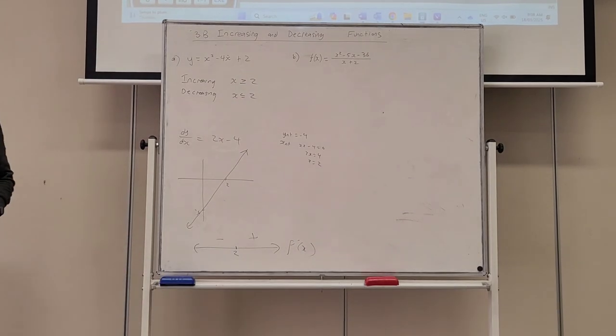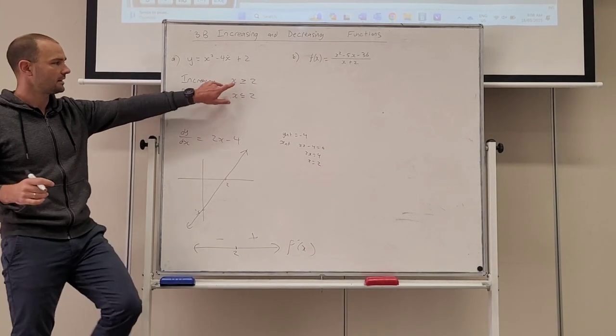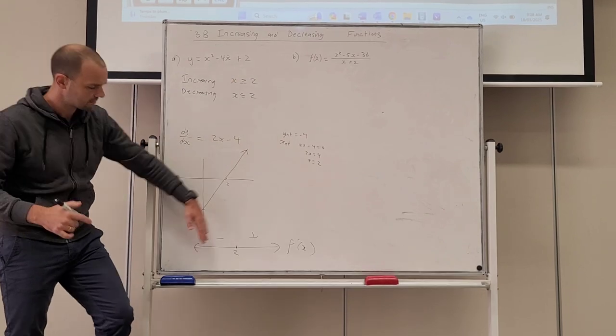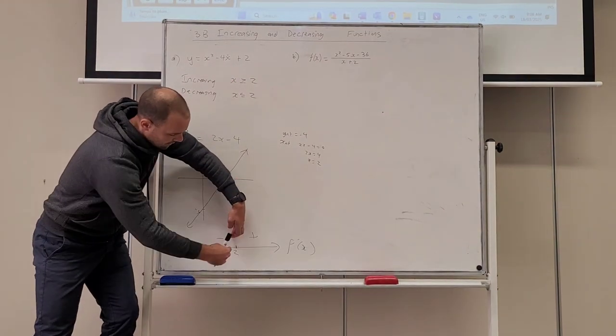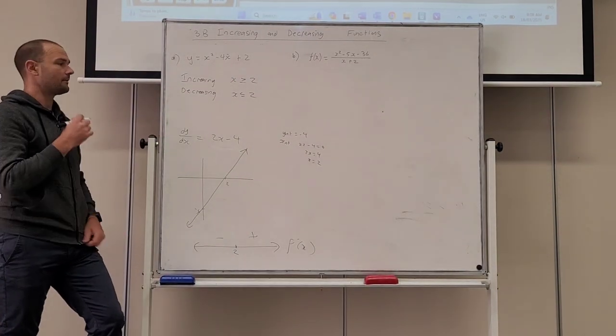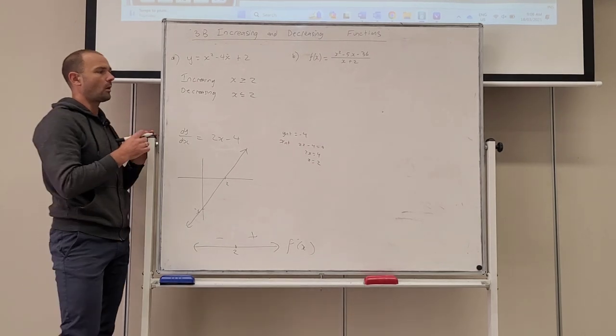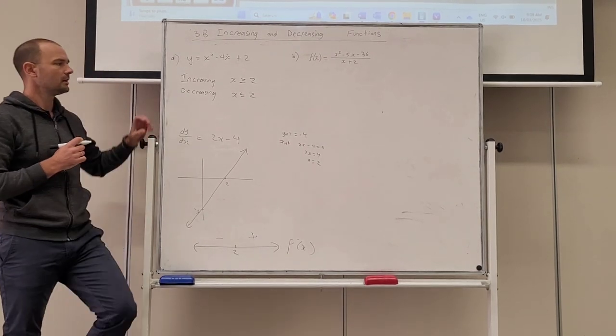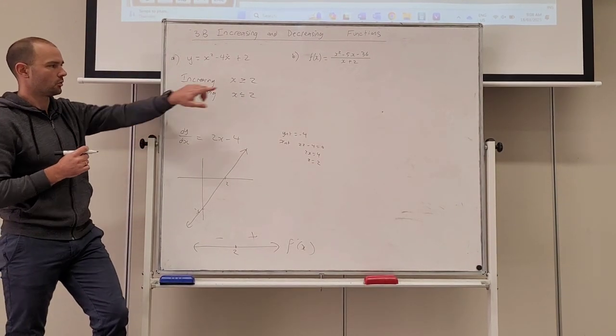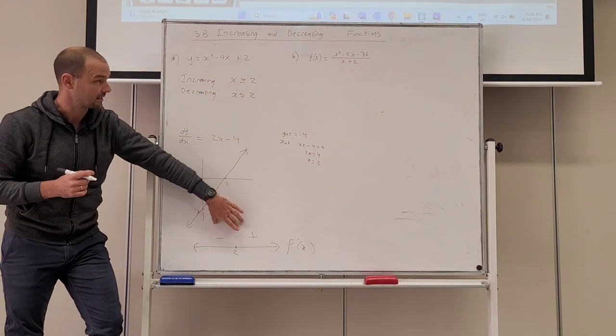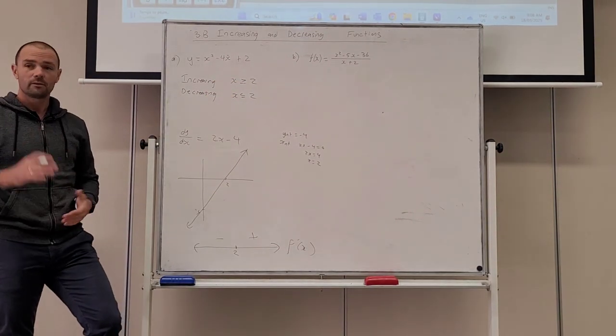Now my assumption is we're comfortable with those domain rules, those statements. Here we have values of x larger than 2, values of x less than 2. If it's a skill you want to develop, I've got a really good way of developing it slowly. So let me know if you're not sure how I come up with those, but we're just reading it straight off there. Okay, let's move on to B.